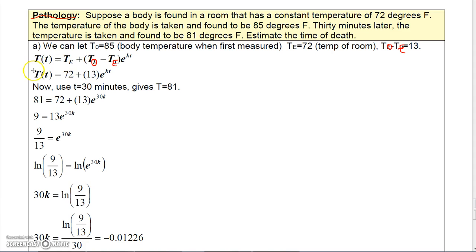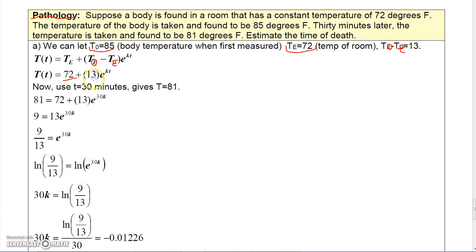Okay, well, let me show you how I'm going to do this. First of all, I'm going to use the correct formula this time, but the temperature of the environment is 72 degrees. And then if you take the initial temperature of the body, which was 85, and the temperature of the environment 72, and you subtract those, you get the initial temperature minus the temperature of the environment is 13.